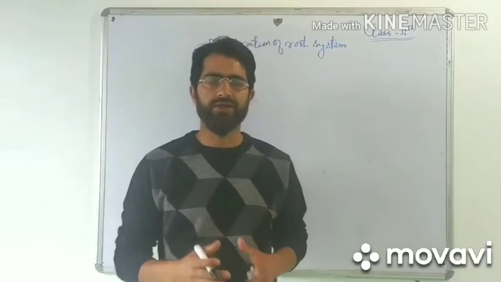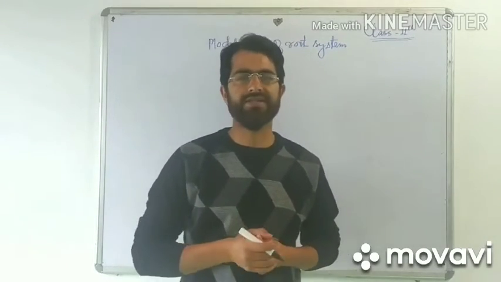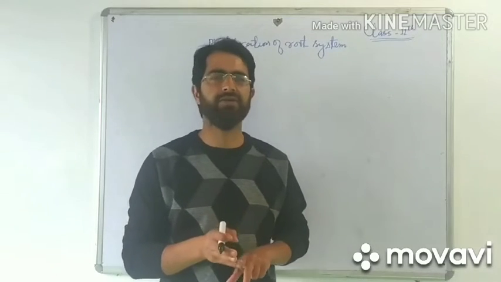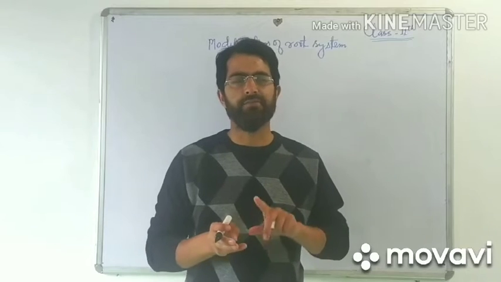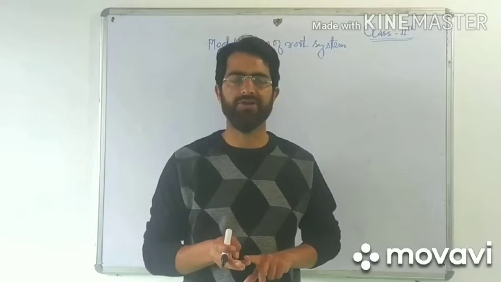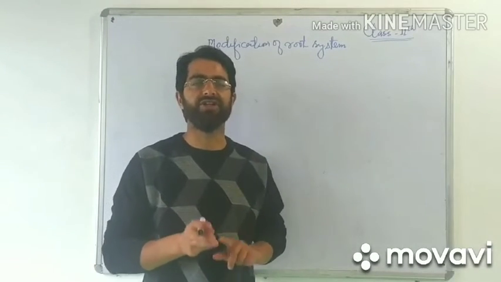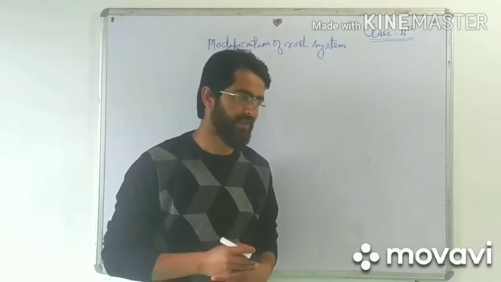As we all know, roots are the underground parts of the plant. The main function of the root is anchoring or fixation, second, mineral and water absorption, and third, prevention of soil erosion.